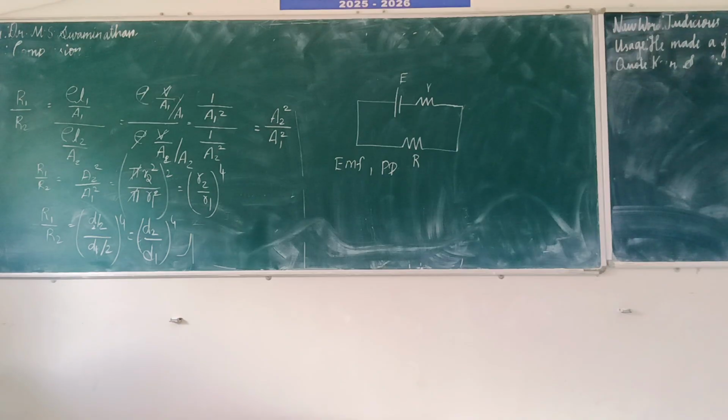What about the outer circuit? Potential difference. What is the difference between those two? Internal and external. EMF is inside the cell, along with the internal resistance, whereas the potential difference is across the external circuit.